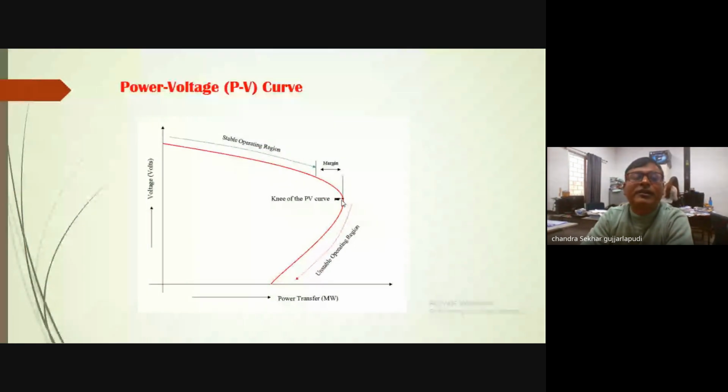So for that we need some kind of alarming indicators, and a power engineer should have such information so that they can take some measure before the system collapses. This operational margin is shown in the characteristic curve as a marginal part.